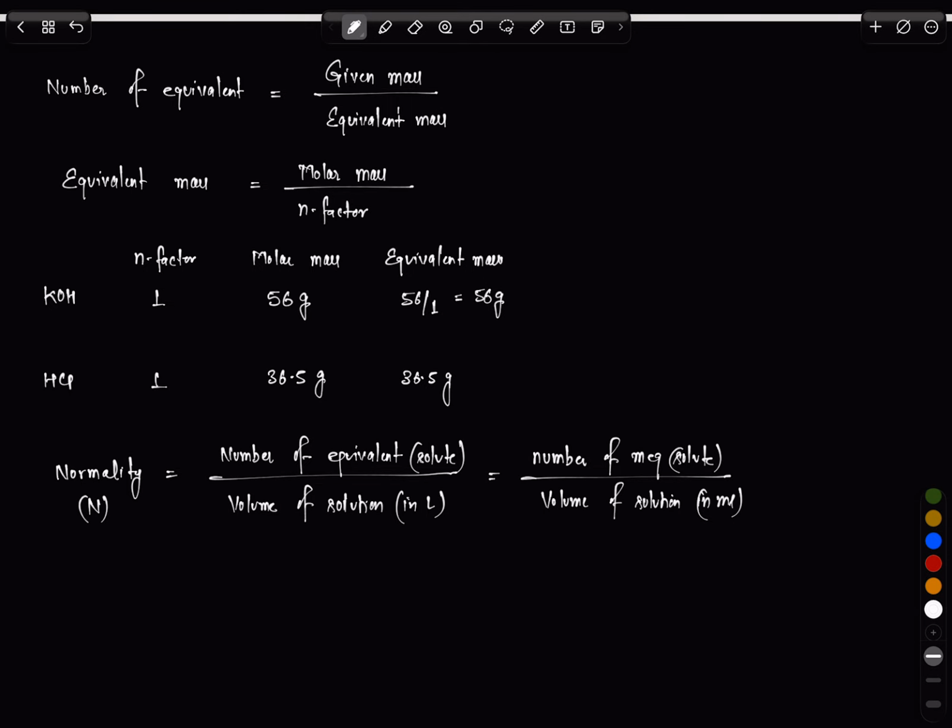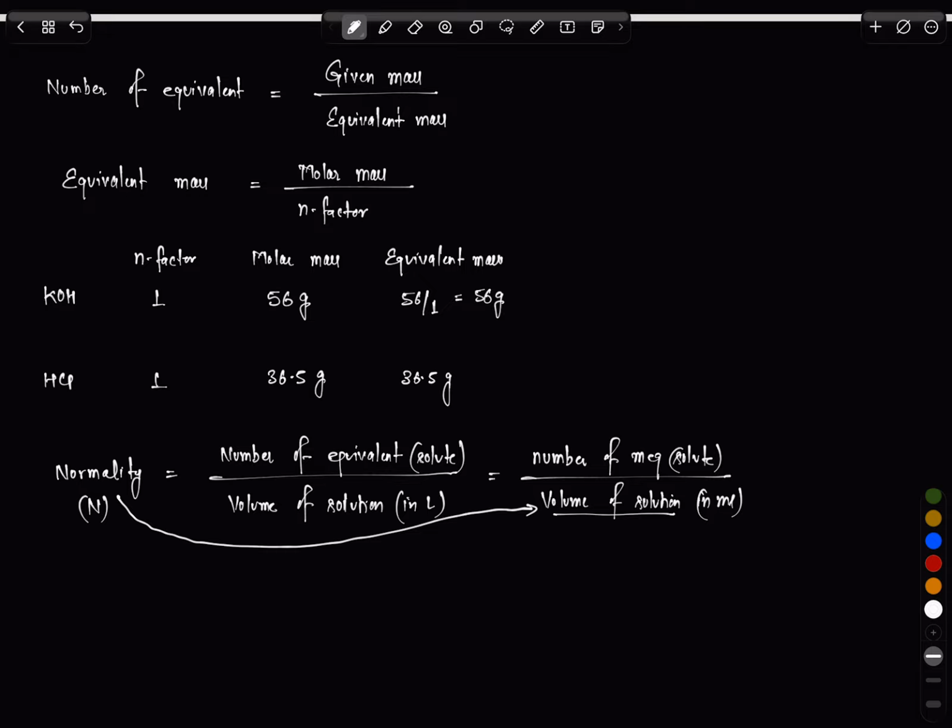One thing you should see here: what if we multiply normality with the volume of solution in ml? In that case, we will get the number of milli-equivalent of solute. So this is one important point which we are going to use while solving that question. So normality into volume of solution in ml will give you milli-equivalent.